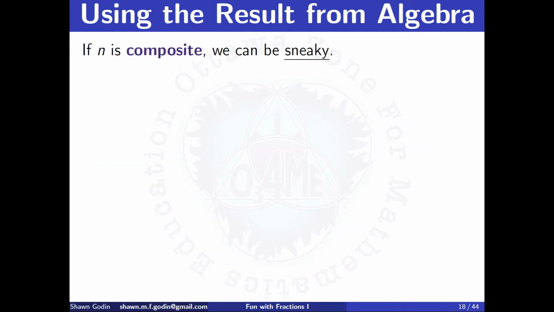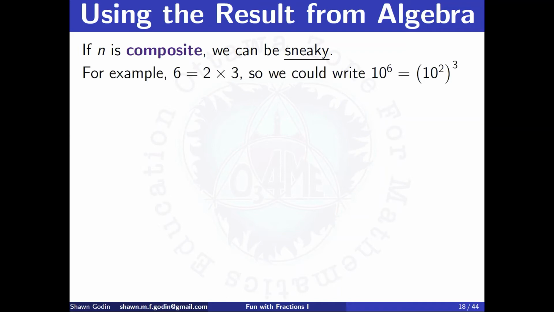So for example, if n is a composite number, then we can use some power laws, use the fact that 10 to the 6 is actually 10 squared, cubed, a fact that we see in grade 9, and rewrite this 10 to the 6 minus 1 as 10 squared cubed minus 1 cubed.